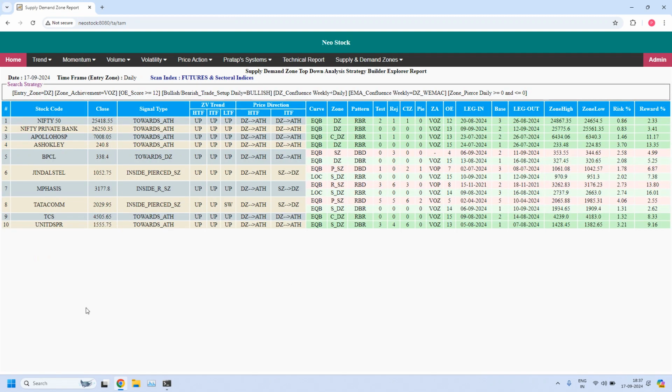Let's filter. Now out of 14, 10 stocks are filtered. That means all these 10 stocks are having EMA confluence for weekly time frame, weekly EMA confluence. And also daily zones are part of the weekly zone, that is zone confluence. And all are supporting bullish trade setup for monthly income trade. So this is a high probability trade setup.